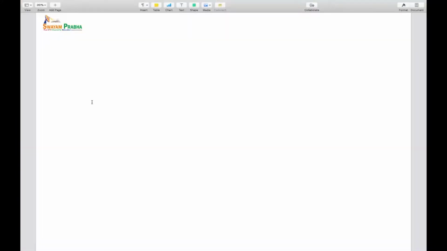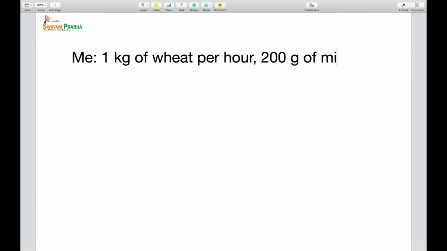In 4 hours, I will have 4 kgs of wheat, and in 4 hours, I will only have 800 grams of milk. On the other hand, in your case, you are also doing the same thing. So, what we are saying here is that for me, my rate of production is 1 kg of wheat per hour and 200 grams of milk per hour.